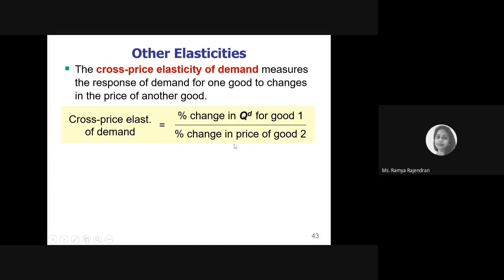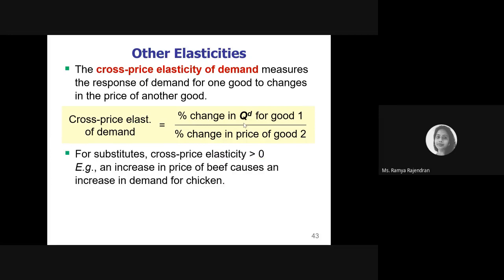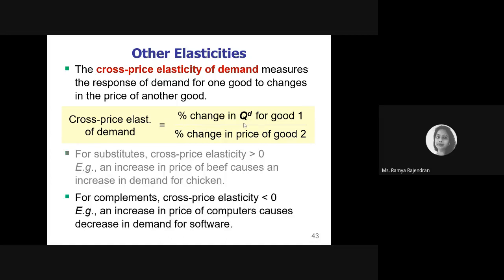For example, if the pizza price is increasing, demand for burgers will increase, because people may shift to burgers. So that is a substitute. For substitutes, the cross price elasticity is always greater than zero. But for complementary products, it is less than zero.